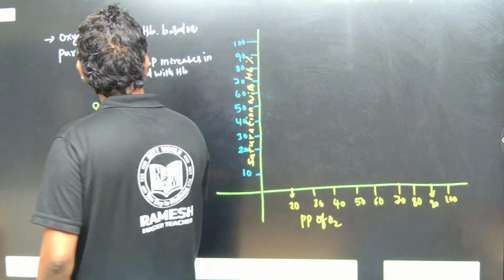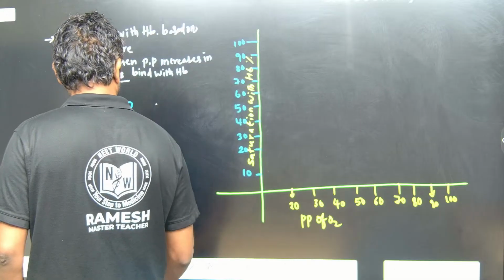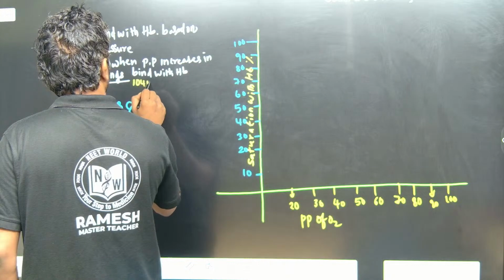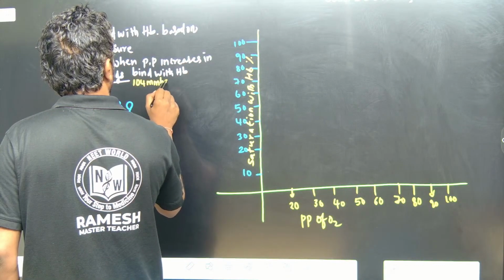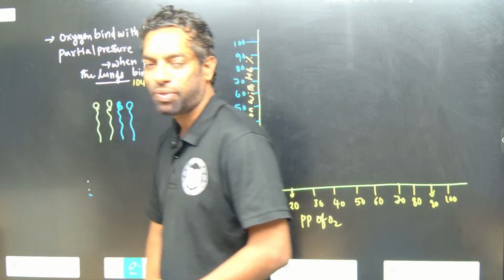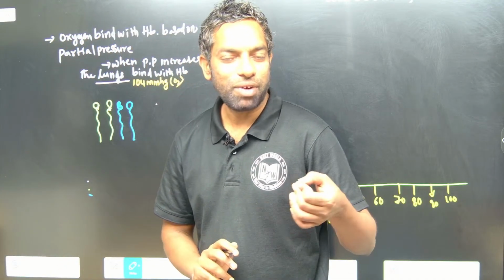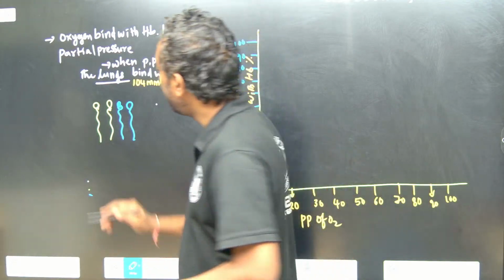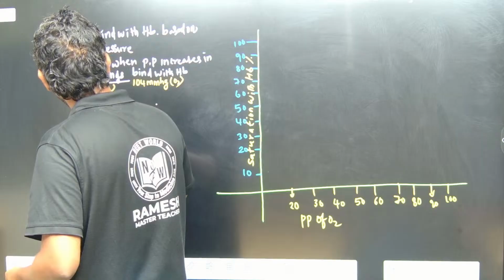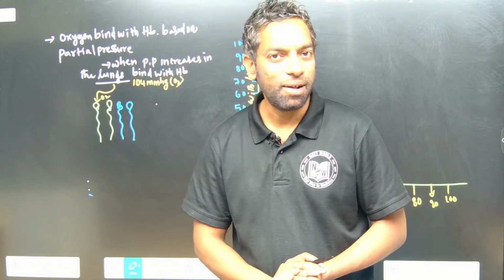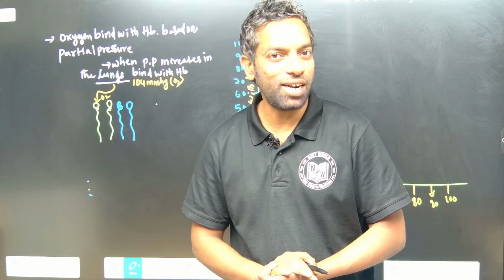In the lungs, the oxygen partial pressure is 104 mmHg. At that 104 mmHg partial pressure, one oxygen attaches to one binding site. How much is it saturated?